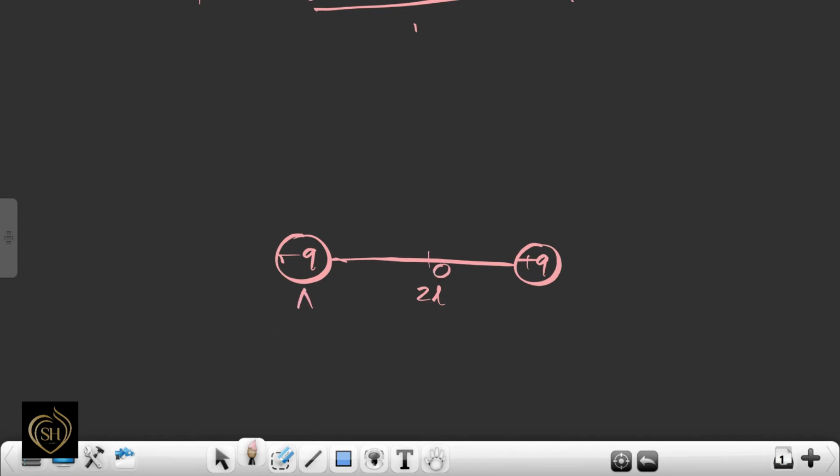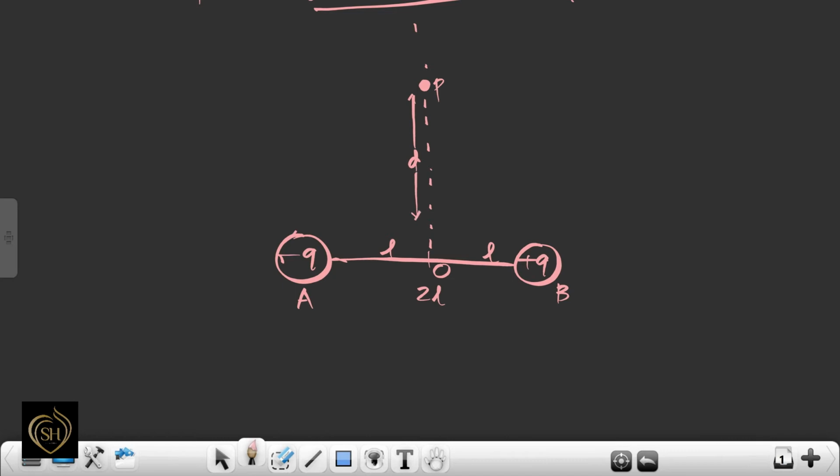Minus Q is placed at A and plus Q is placed at B. AO is L and OB is also L. This is the equatorial plane of the dipole, and P is a point on the equatorial plane at a distance D from the center.